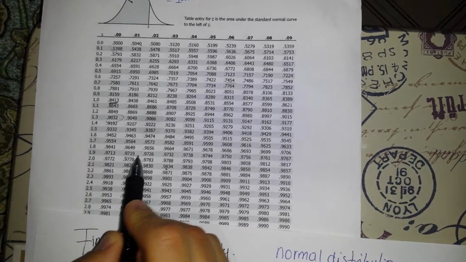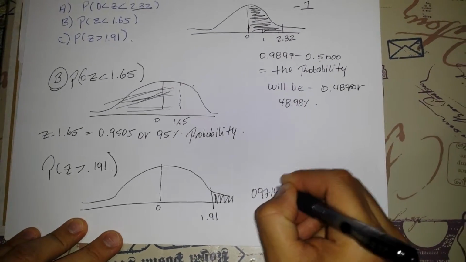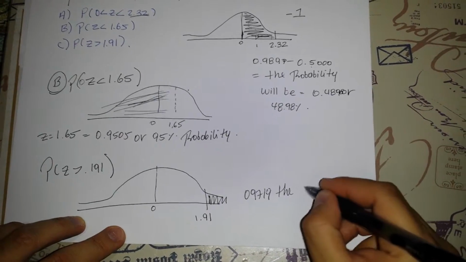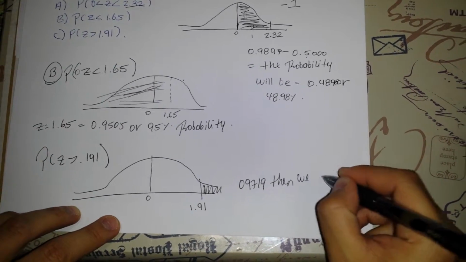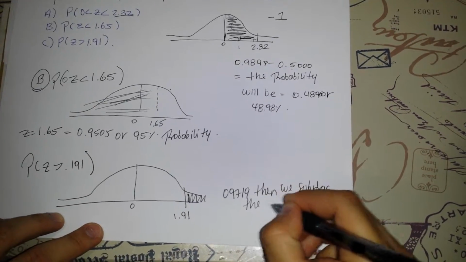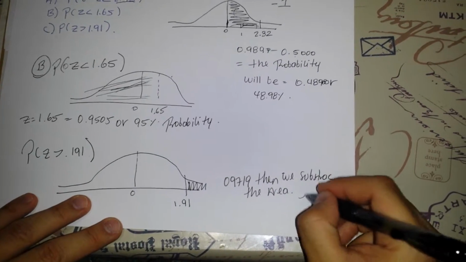So it will be 97, 97, 19. Then we subtract the area from 1.